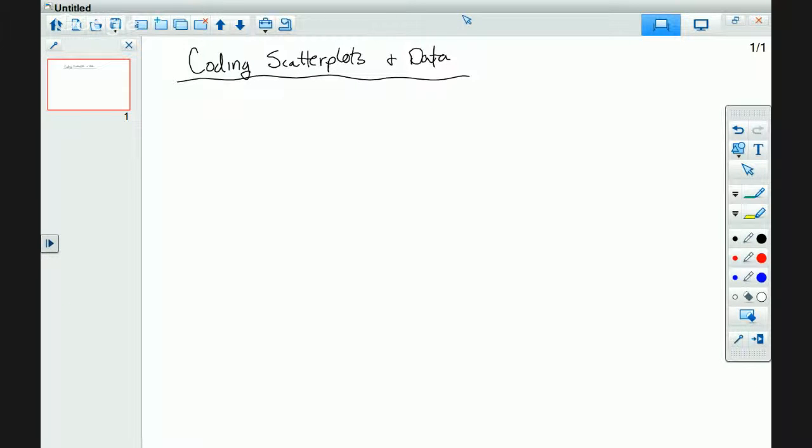Okay, so if we're coding data, you might get some ugly data, something like this. I don't remember if I made this up or not, but we'll have a year, and maybe chocolate bars sold.